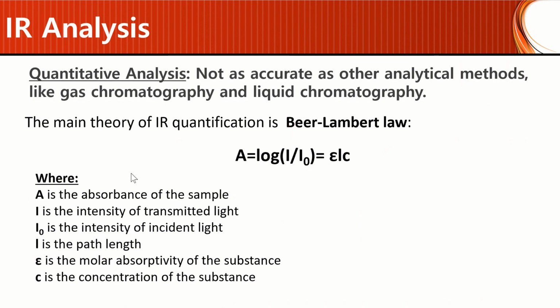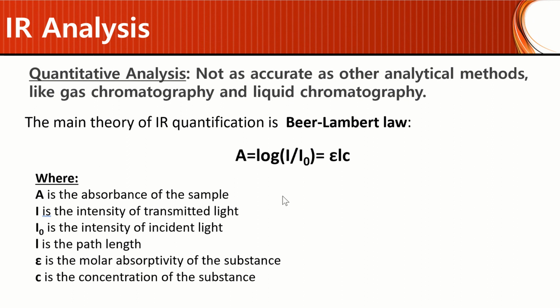So IR analysis is also used quantitatively, and I suppose less so. The quantitative analysis is not as accurate as other analytical methods like GC, gas chromatography, or liquid chromatography. The main theory of IR quantification is Beer-Lambert's law.